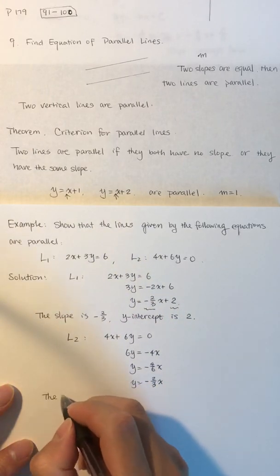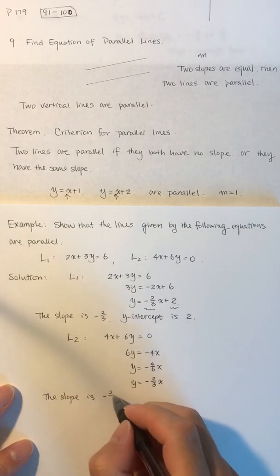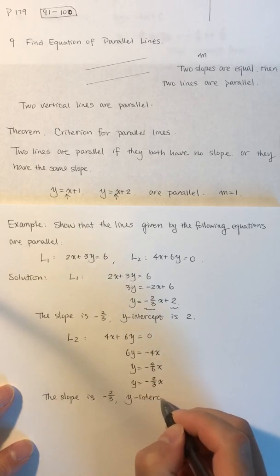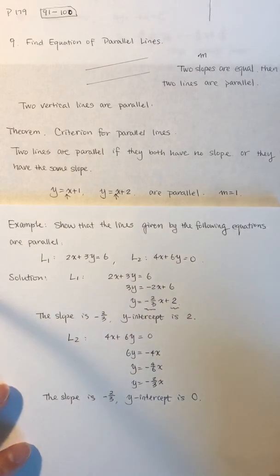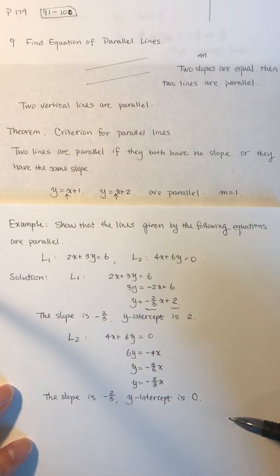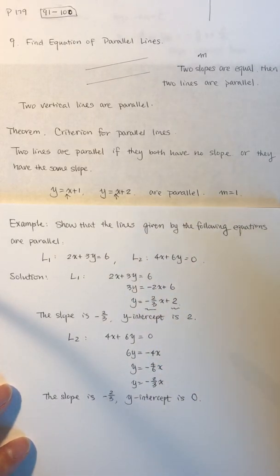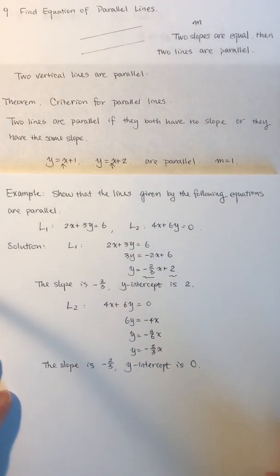So the slope is negative 2/3. Y-intercept is 0. Okay, they share the same slope, they have different y-intercepts. Different y-intercepts means you really have two different lines. The same line will have the same y-intercept.